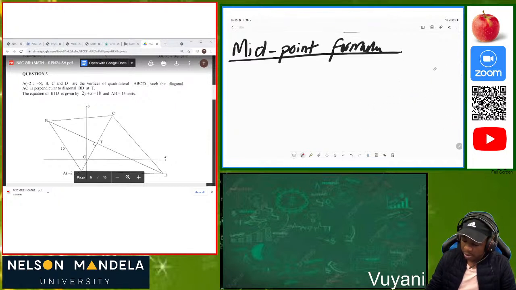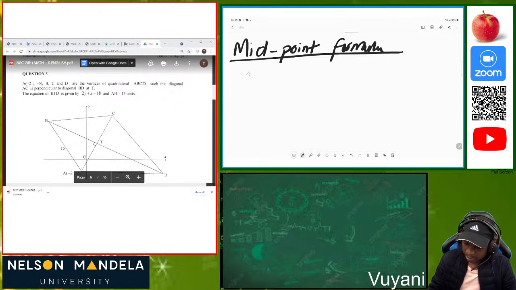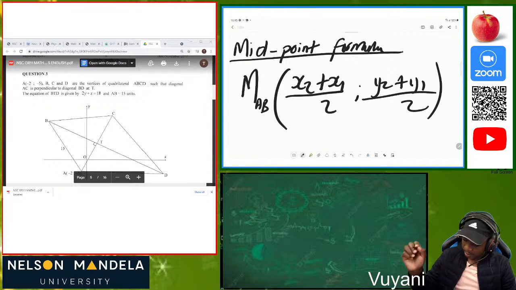The midpoint formula, M of AB is x2 plus x1 divided by 2 and y2 plus y1 divided by 2.